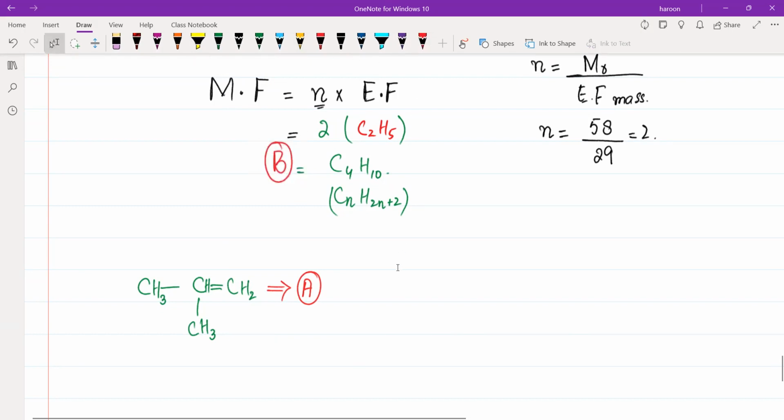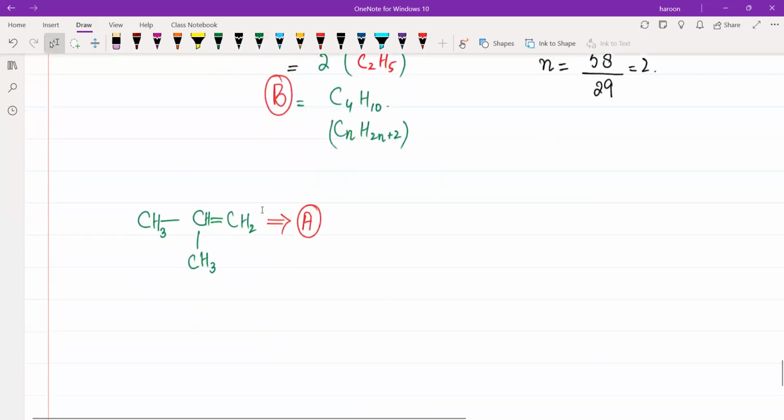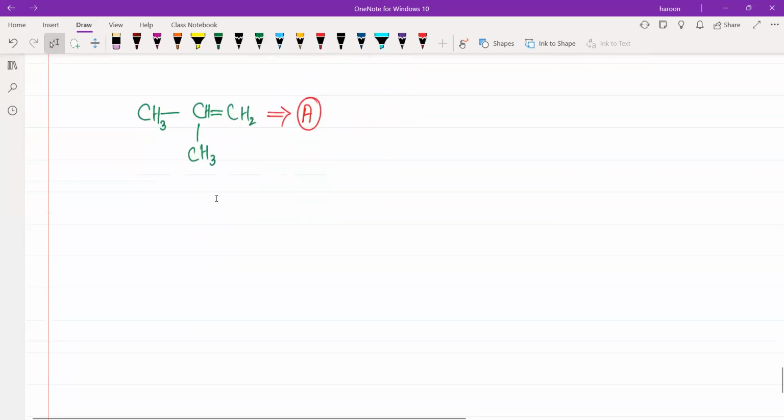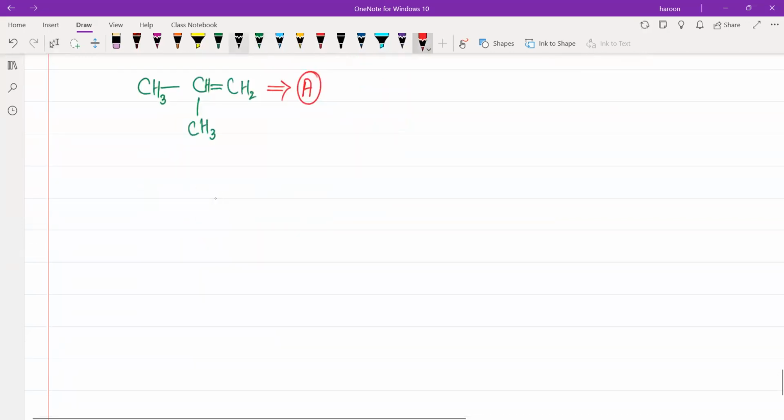Okay, I'll explain the whole question at the end as well. Let's find C and D. When we add water to this, we'll get two products.